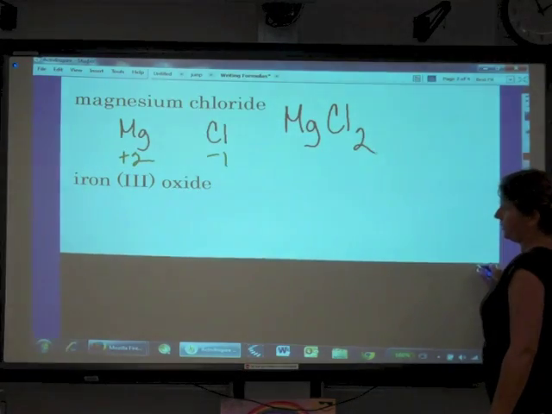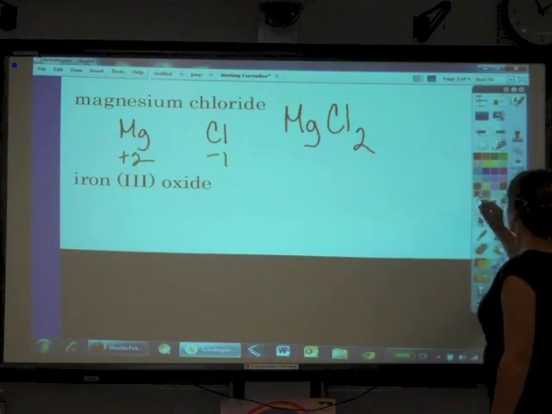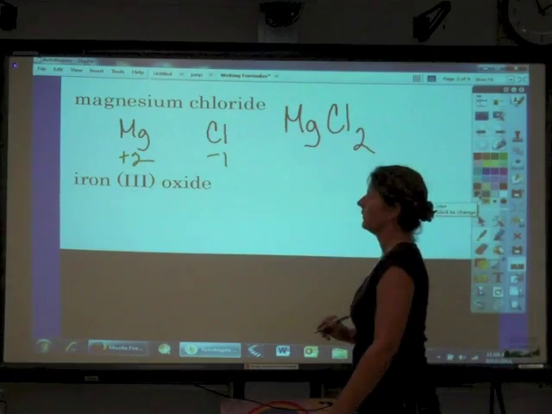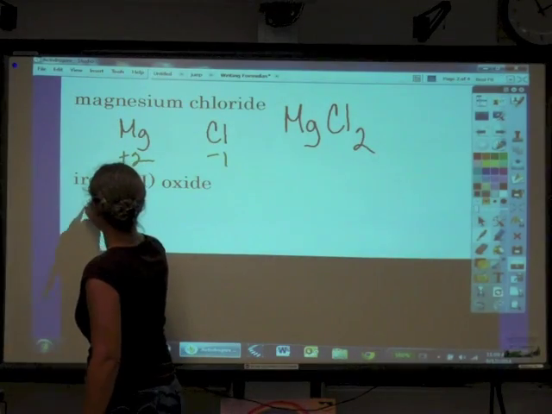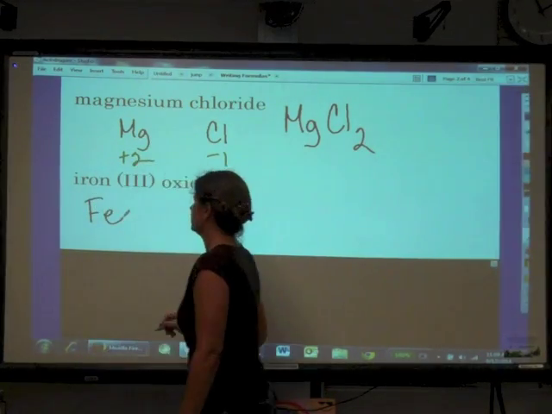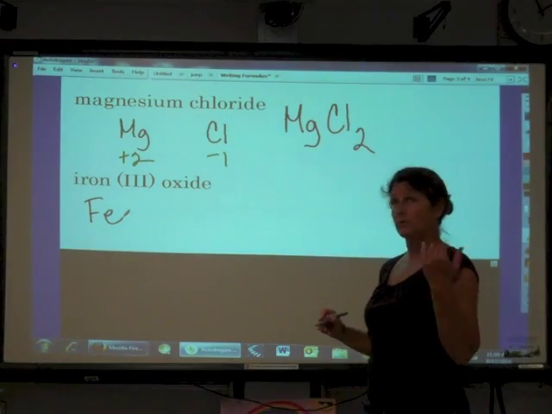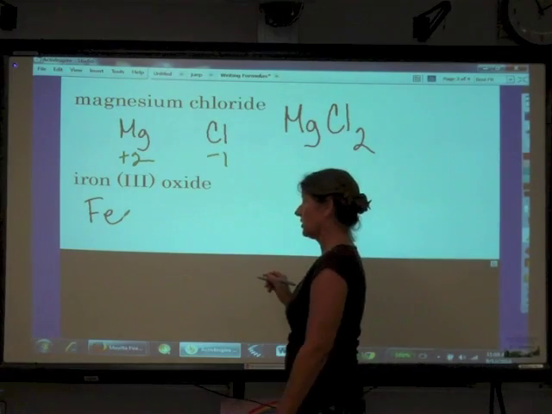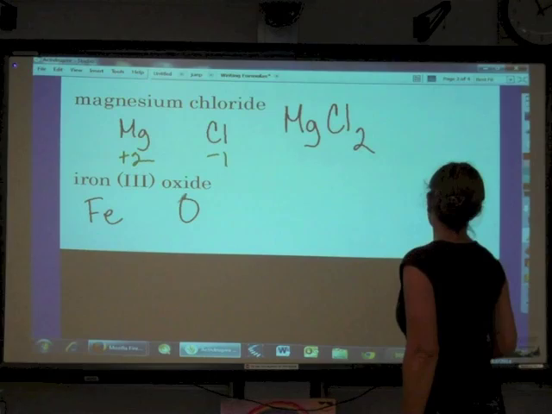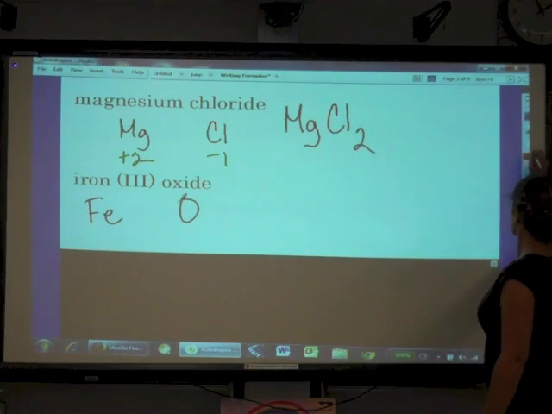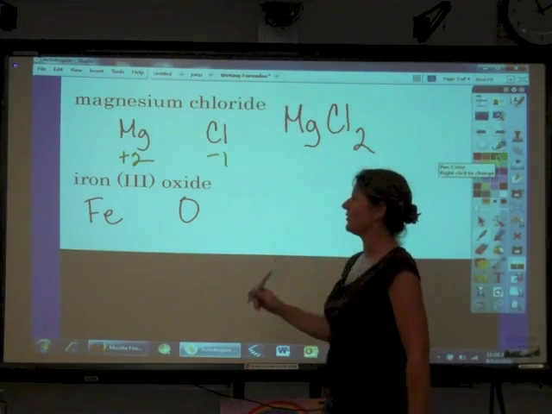Let's try iron 3 oxide. The symbol for iron is Fe. The symbol for the oxide ion, oxygen, is O. Oh, look at this, it's iron 3.